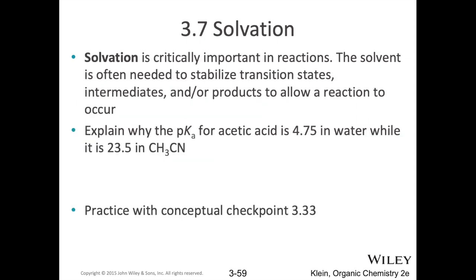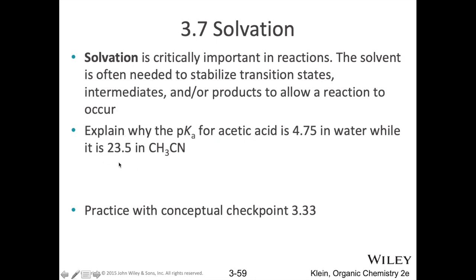Okay, so here's a concrete example of this. For example, here we have acetic acid, and you probably saw earlier that its pKa is in that ballpark of 5. It's 4.75. That was a pKa in water. If you were to take acetic acid and put it into acetonitrile, which is a polar aprotic solvent, its pKa jumps to 23.5.